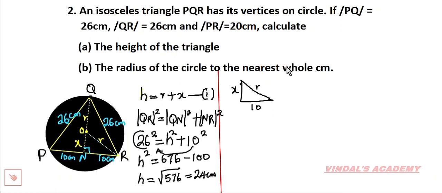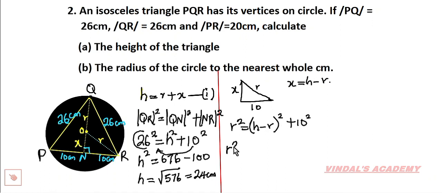My X is going to be H minus R. So R squared is equal to (H minus R) all squared plus 10 squared.